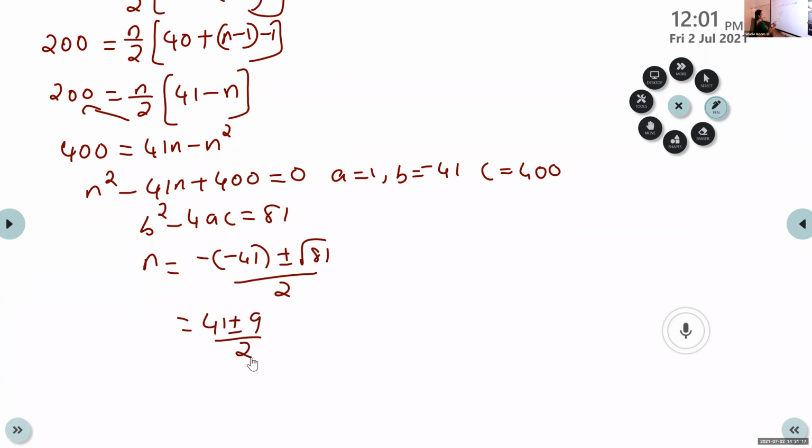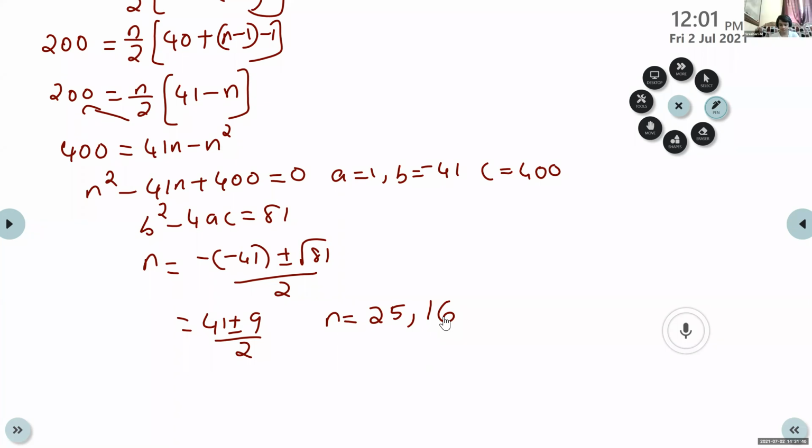We will get two answers: n equal to 25 and 16. There are 25 rows or 16 rows; we cannot take both.